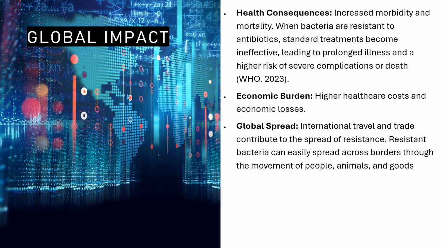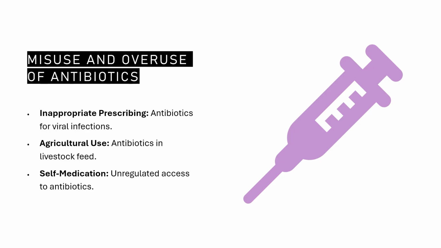There are also higher healthcare costs and economic losses. International travel and trade contribute to the spread of resistance. Resistant bacteria are able to easily spread across borders through the movement of people, animals, and goods, which makes it a very difficult enemy to stop.